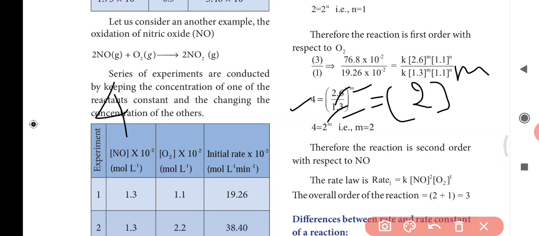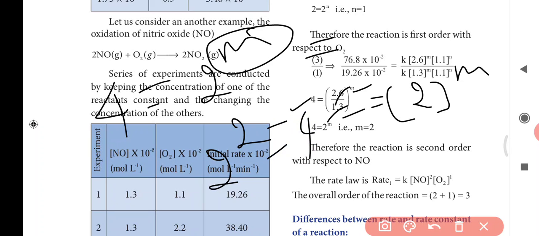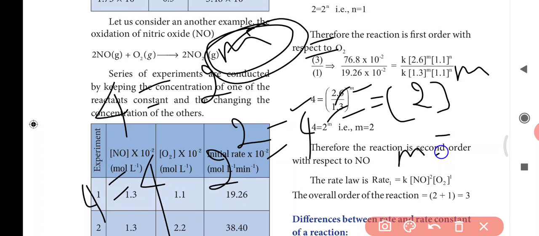So 4 equal to 2 power m. What makes 2 become 4? If you apply the value of m equal to 2, 2 square is 4, so we will get 4 equal to 4. Here the value of m is nothing but 2.